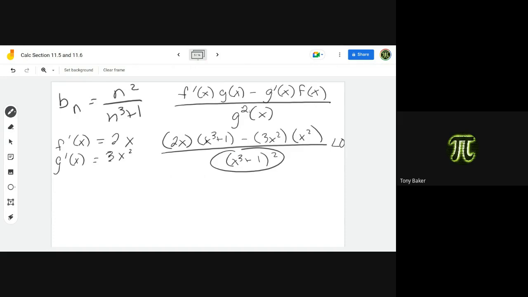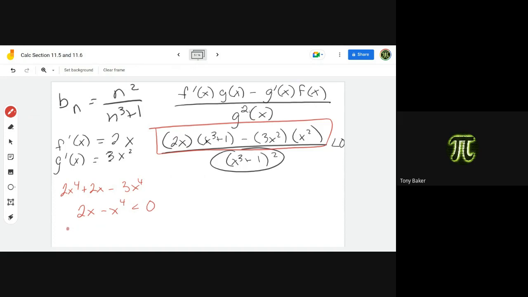So all I'm going to deal with is the top, because that's all I have to worry about. So I've got 2x to the fourth plus 2x minus 3x to the fourth. So 2x minus x to the fourth has to be less than 0.